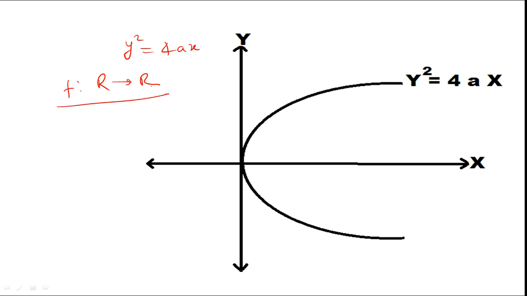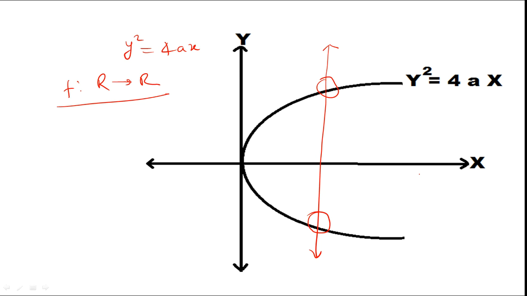For that, we will draw a vertical line parallel to the y-axis. If this vertical line cuts the graph of the given function at more than one point, here you can see it is intersecting the graph at more than one point, so it is not a function.